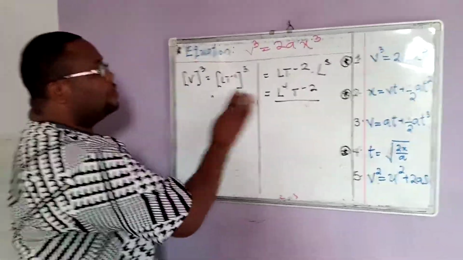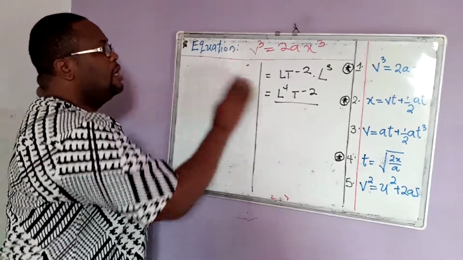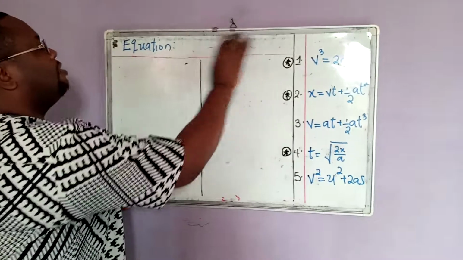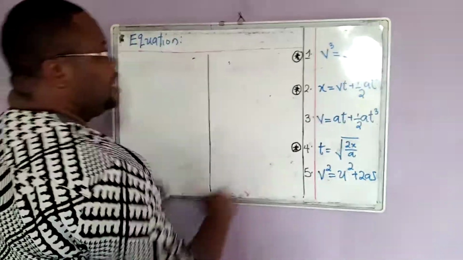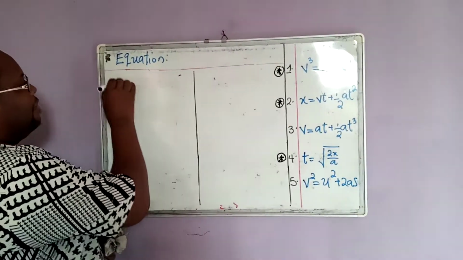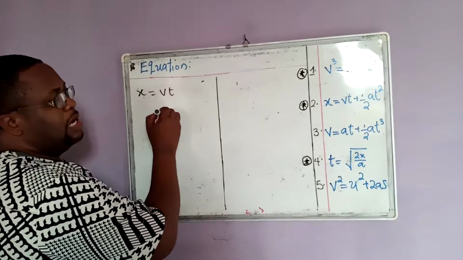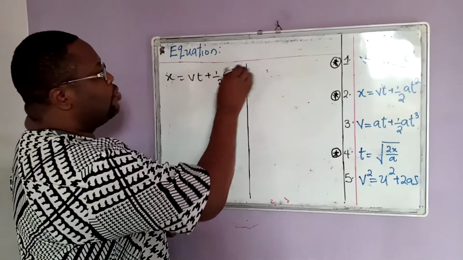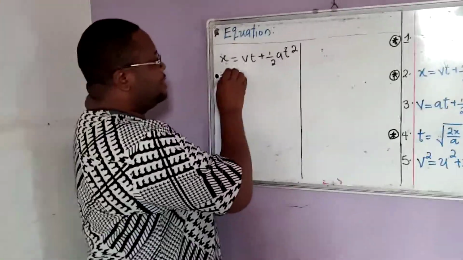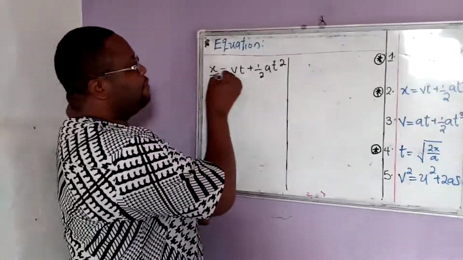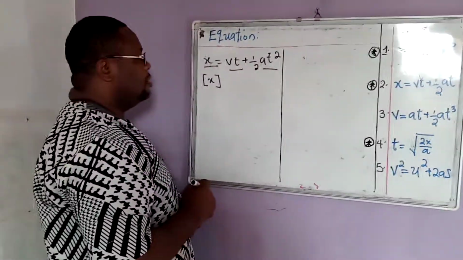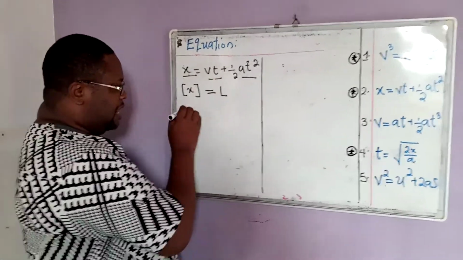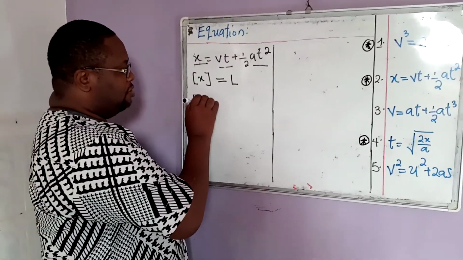Now let's quickly look at the second one. The second expression says we should investigate the dimensional consistency of x = Vt + (1/2)At^2. We need to investigate term by term. The dimension for x is simply L, so each term is supposed to give me L if this is going to be dimensionally consistent.